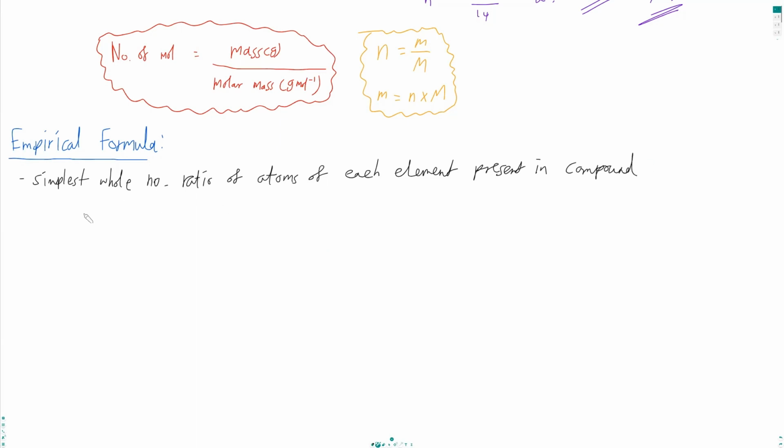So that's what the empirical formula is, the simplest way of showing a chemical formula. And it shows the ratio between elements rather than the actual numbers of atoms of each element.